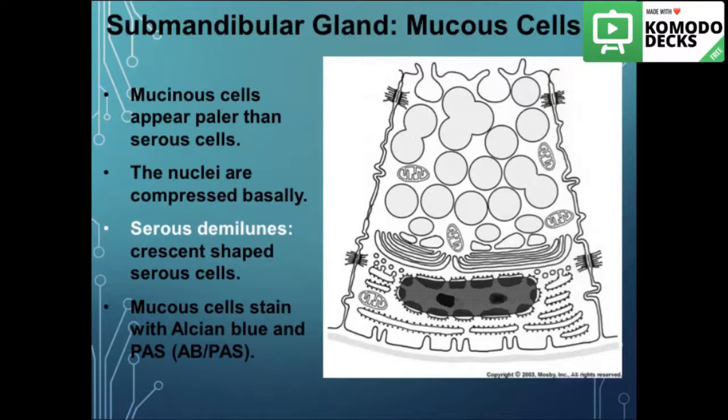Serous demilunes are crescent-shaped serous cells which appear under the microscope. The mucus cells can stain with the Alcian blue and the periodic acid Schiff stain, which have the magenta or purple color, staining the mucin especially.